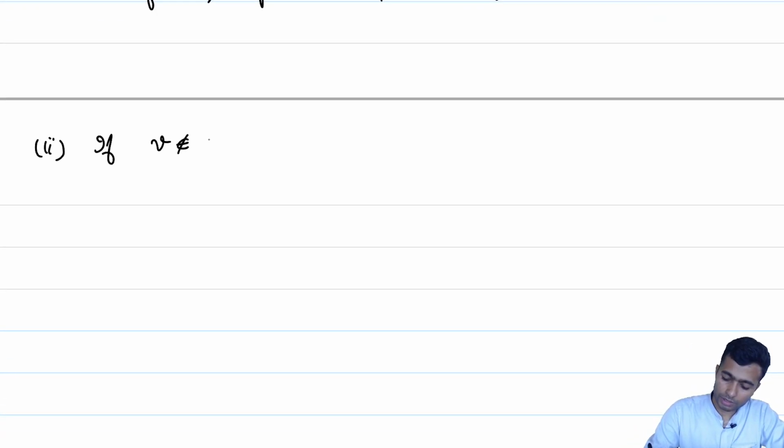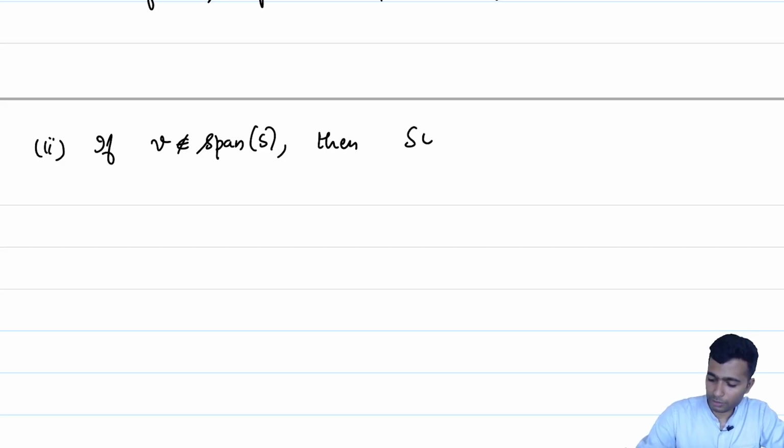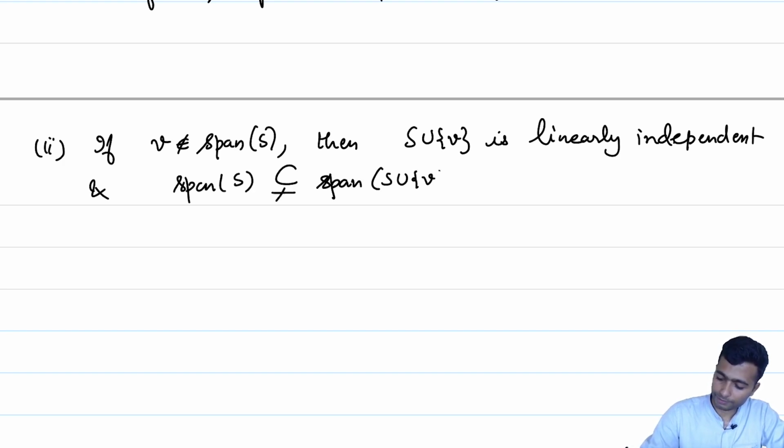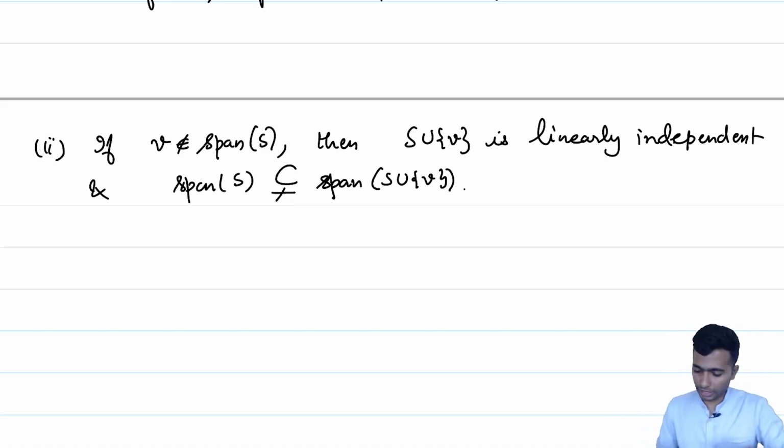If V is not in span of S, then S union V is linearly independent and span of S is a strict subspace of span of S union V. Okay, let us prove that. Let us prove the first statement first, that S union V is linearly independent if V is not in span of S.